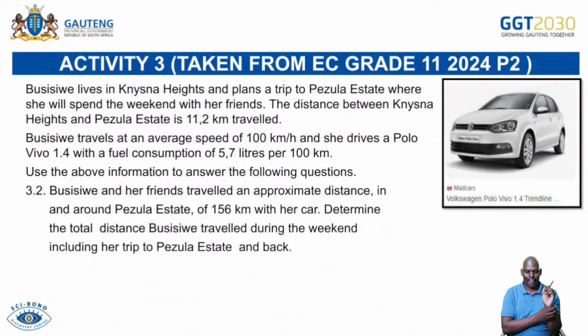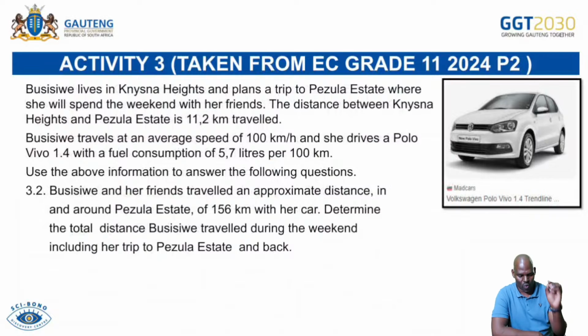The next question, still on the very same information, is: Busisiwe and her friends traveled an approximate distance in and around Pezula Estate of 156 kilometers with a car. Determine the total distance Busisiwe traveled during the weekend, including her trip to Pezula Estate and back.